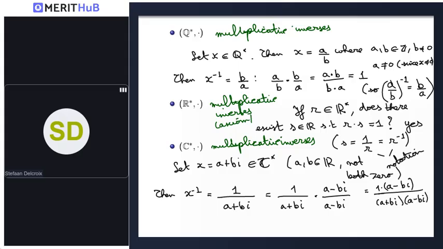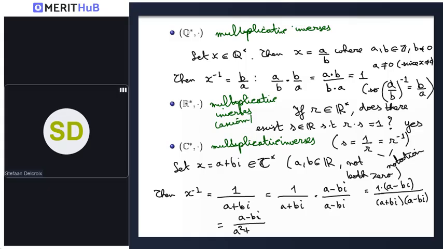Does anybody remember or see what we get when you work out the denominator? So what is a plus bi times a minus bi? A squared plus b squared, perfect.